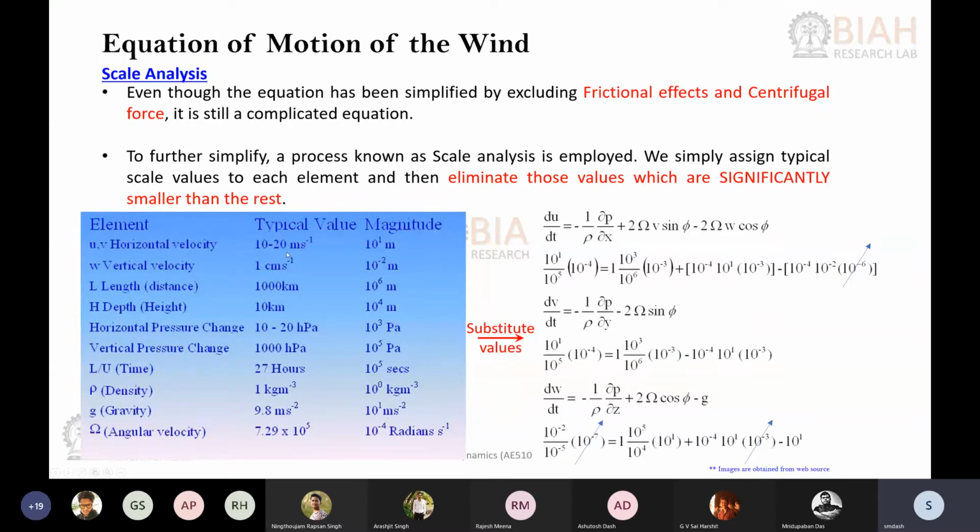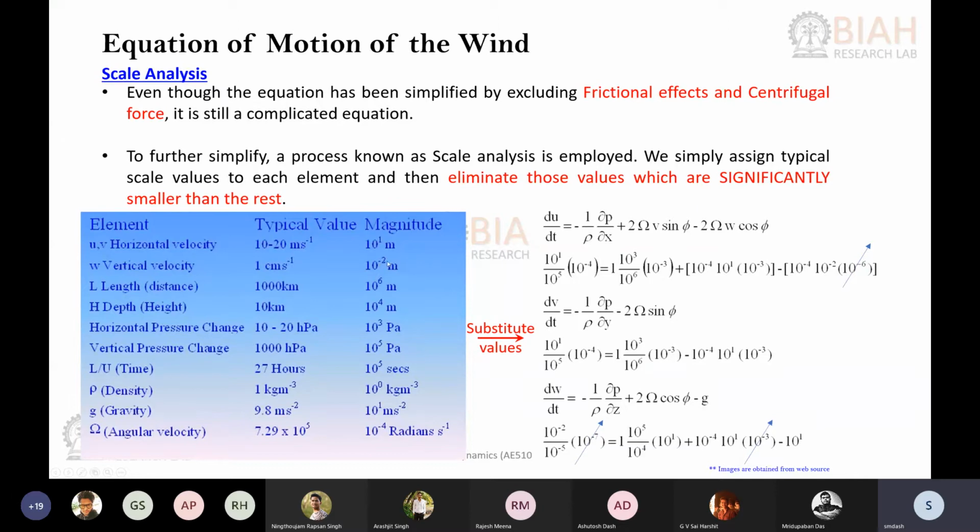So the order can be considered as 10 raised to 1. In the vertical direction, the velocity magnitude variation is not so large, so it is 1 centimeter per second. In the same way you can write its order as 10 raised to minus 2.